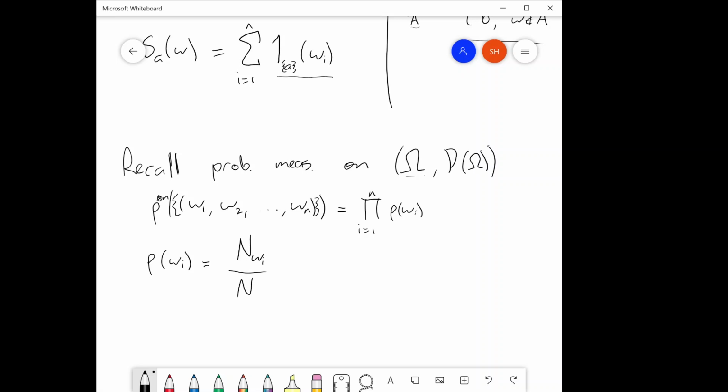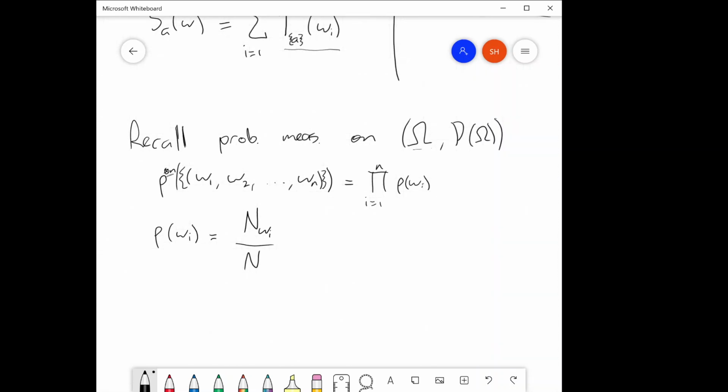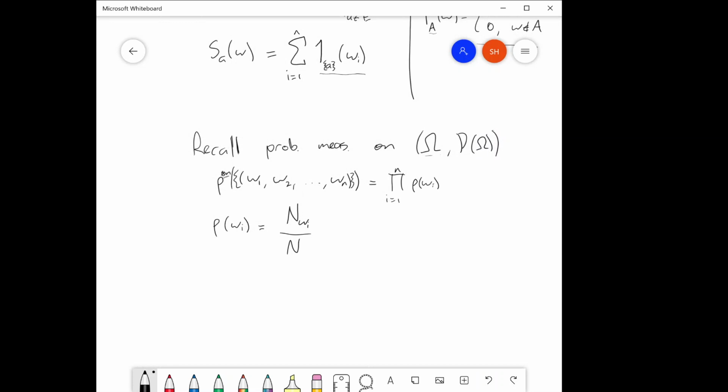You can ignore this notation for the moment, but we'll see later on that, as we had products of sigma algebras, you can have products of probability measures, and we'll get back to that later.